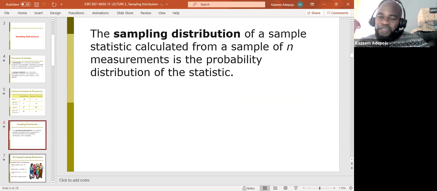The value that CNN got is different from what Fox News got. Why do they get different values? They get different values because they selected people at random, and they are not likely to use the same set of respondents. Okay. Now, how do we know the one that is telling the truth?